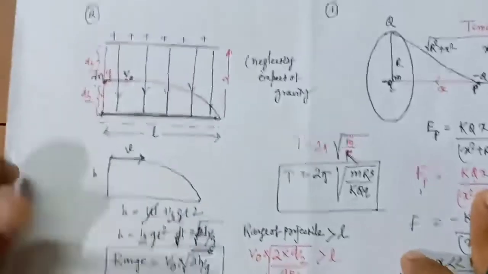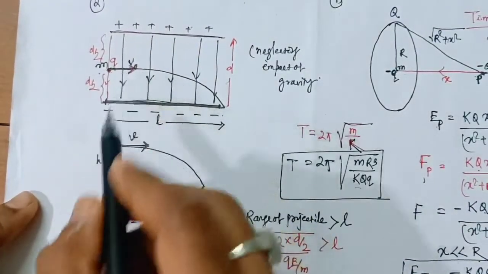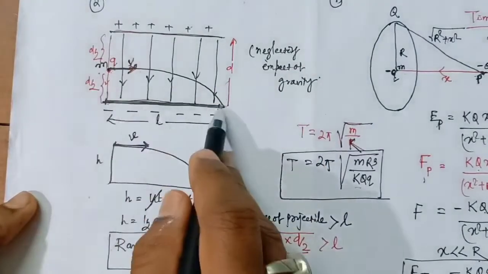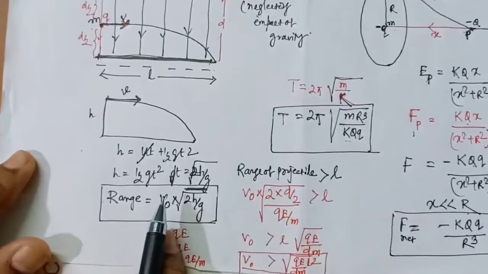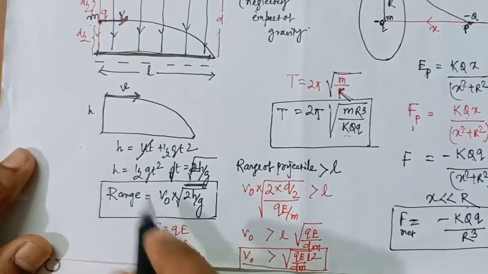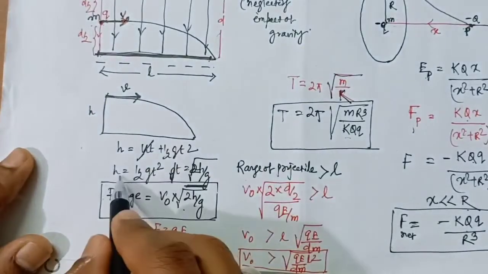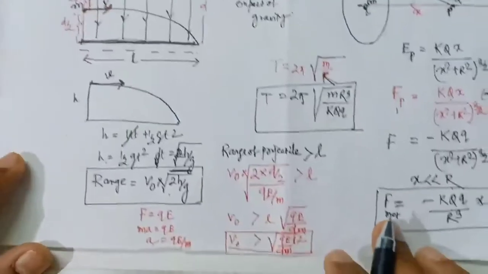One more time I just want to say to my students, if the range of this charged particle is greater than this length L, I can say it will not hit this bottom surface. So what is the formula of the range? Range is nothing but horizontal velocity into time, and the time expression is root 2h by g in the case of a projectile.